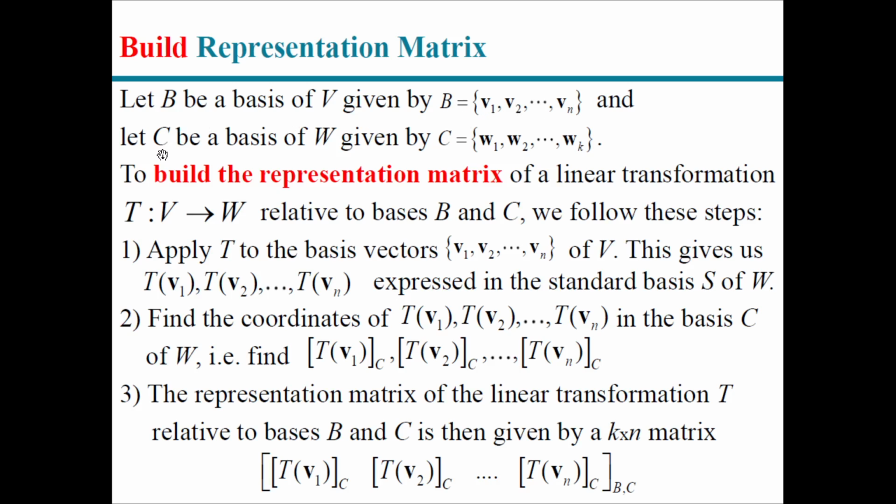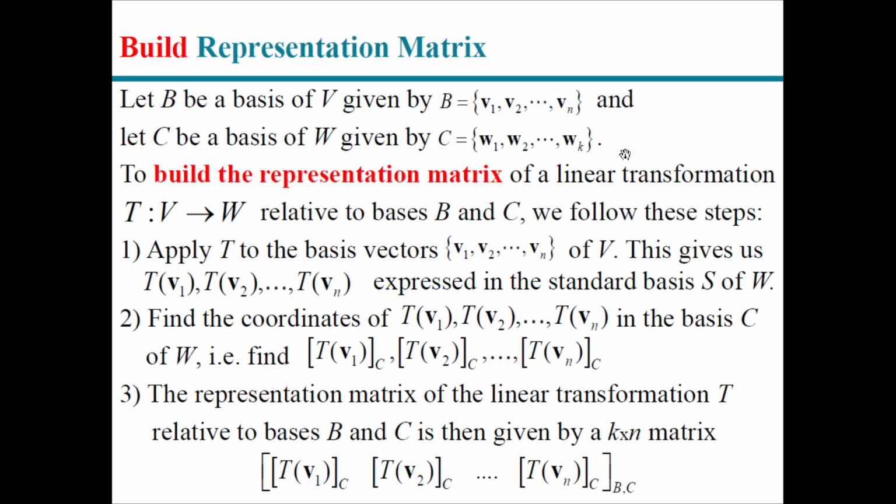And we have a basis C for the codomain W, formed by vectors w1, w2, w3, ..., wk. These two linear spaces don't necessarily have the same dimension, they can have completely different dimensions. That's why I chose different subscripts here.